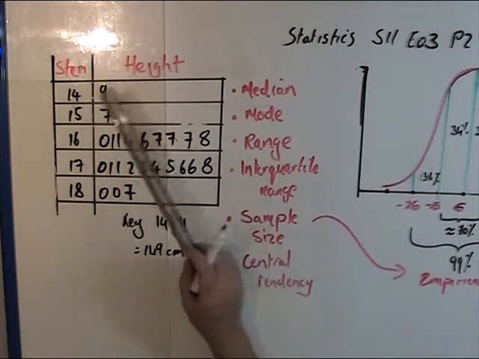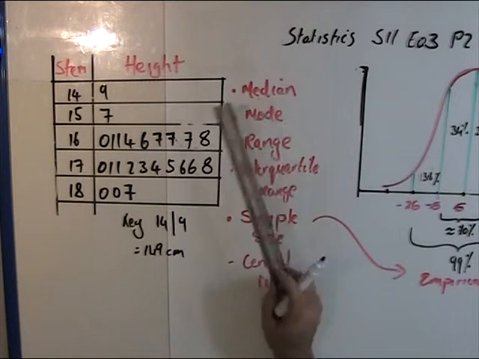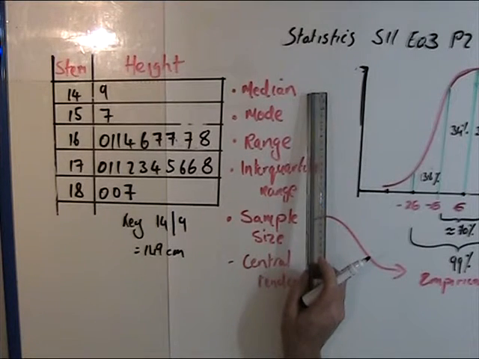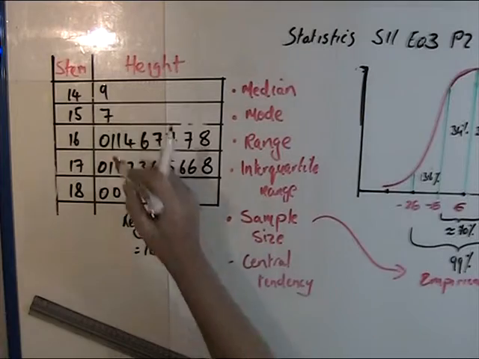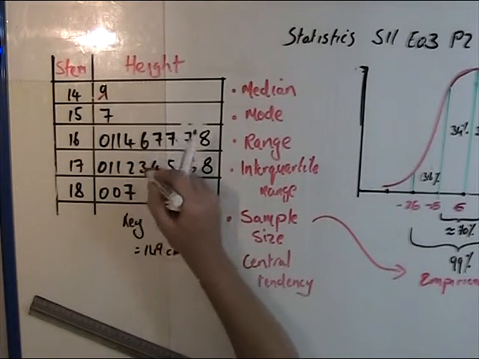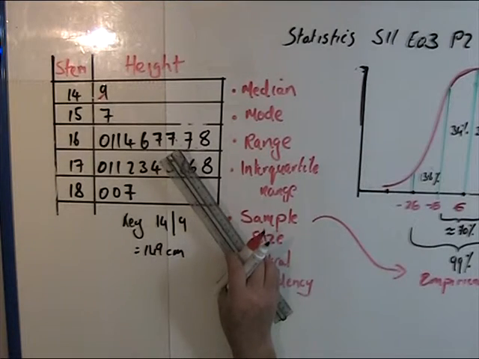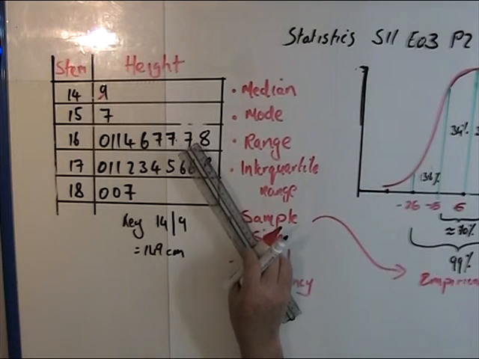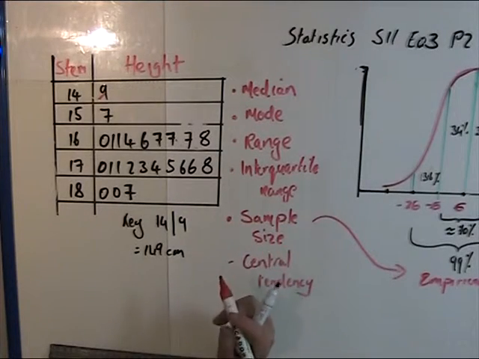Okay, so we want to find the median. How do I find the median of this? Do you remember how to do it? So we cancelled them off, and we found the middle term. This was 24 numbers, 24 elements, or 24 pieces of data.